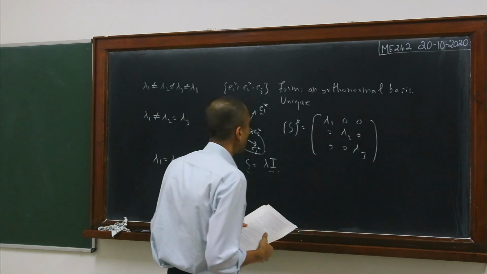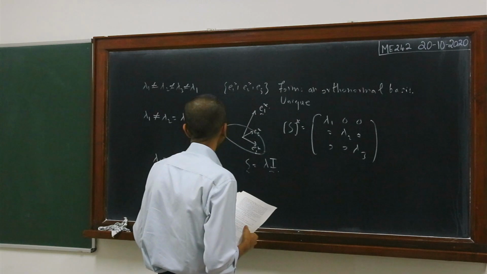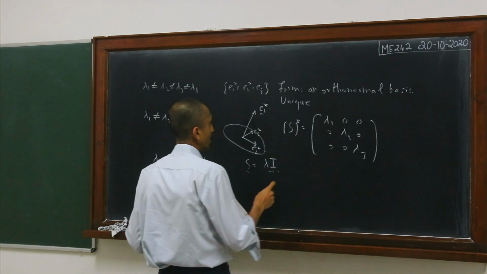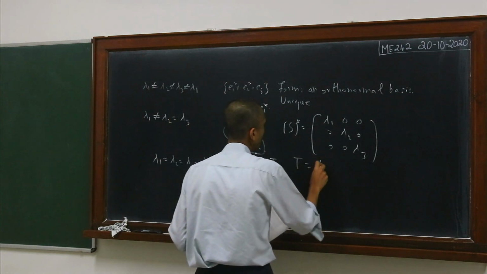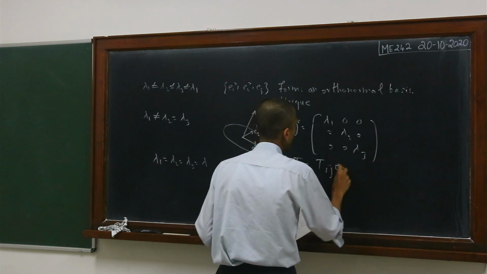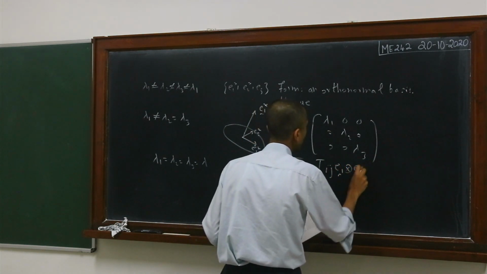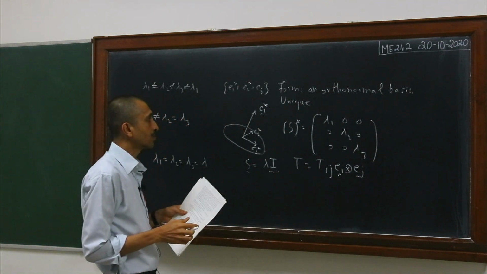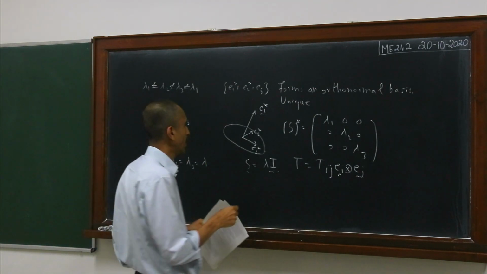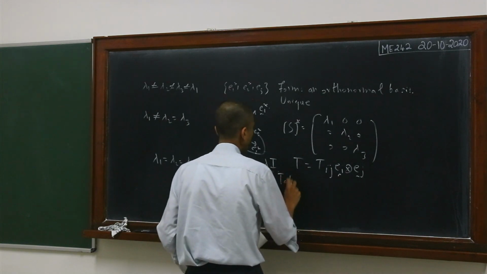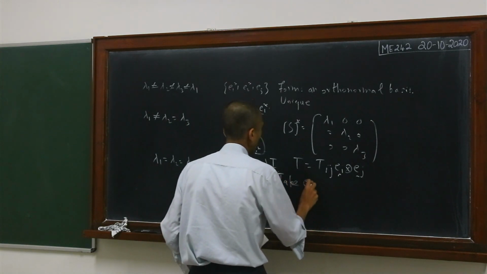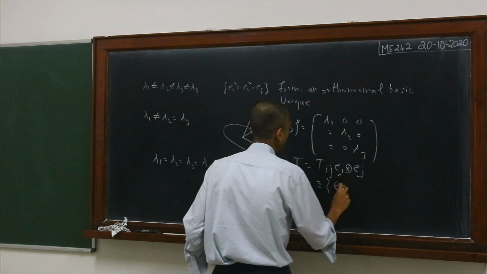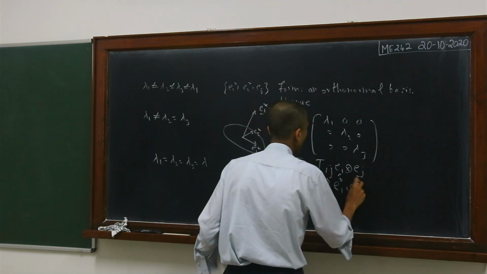Yes? So if I now write the components, T is equal to Tij, Ei dyadic Ej. Now you take the Ei to be these Ei stars, that is E1 star, E2 star, E3 star.